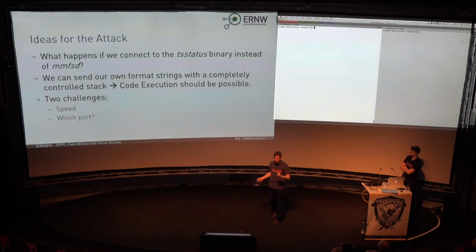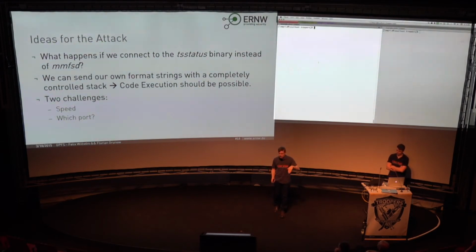But there are two challenges. One is that it's a random port that will be open. How do you get to that port to speak to the binary? And speed is an issue too, because once you know which port to connect to, you need to make sure that you are the first one and not the file system daemon. So you need to be fast.